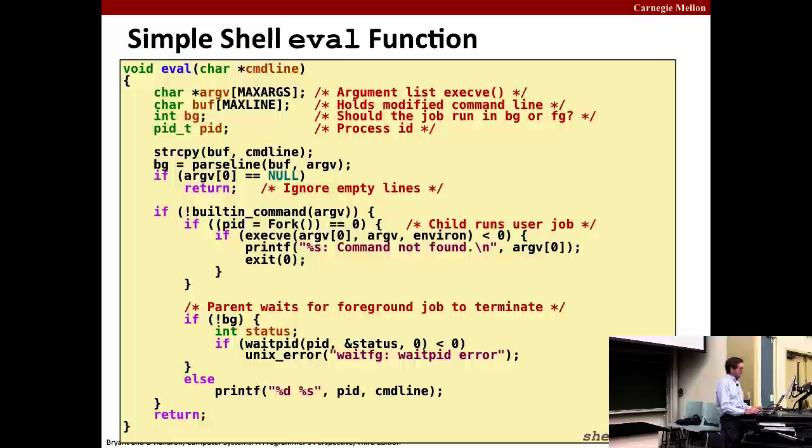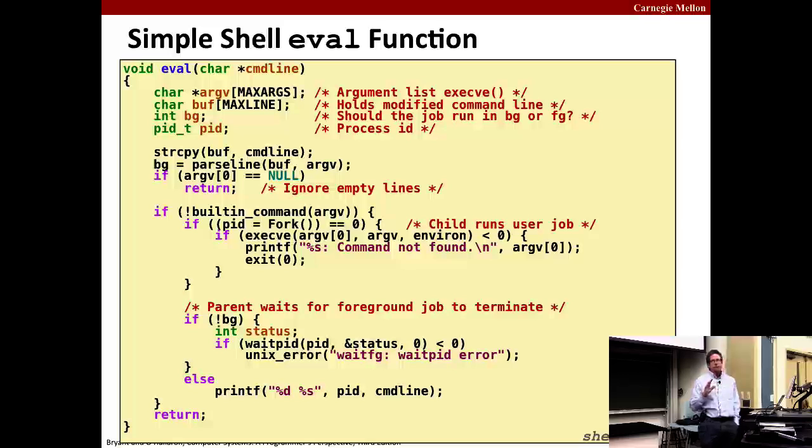And the convention in a shell is that if the command line is terminated by an ampersand, then you're asking the shell to run that command in the background, meaning the shell won't wait for that job to finish before it goes through its next read step.